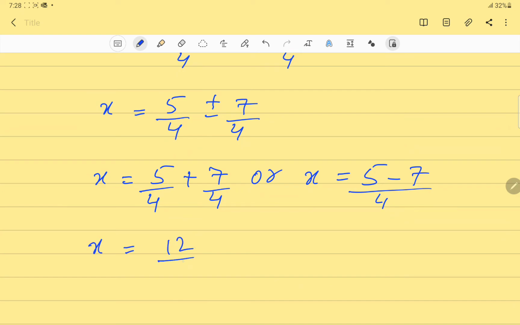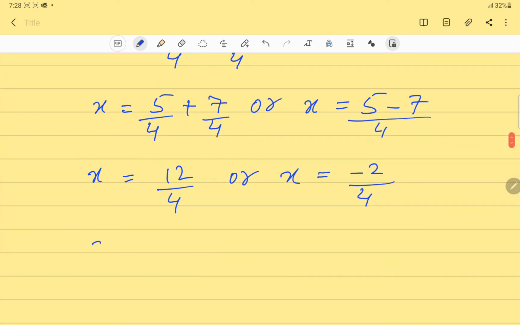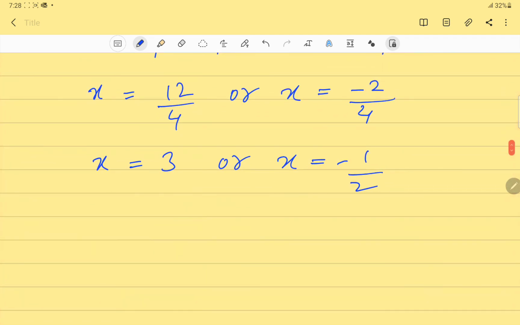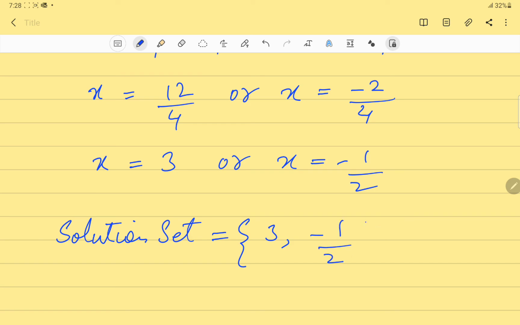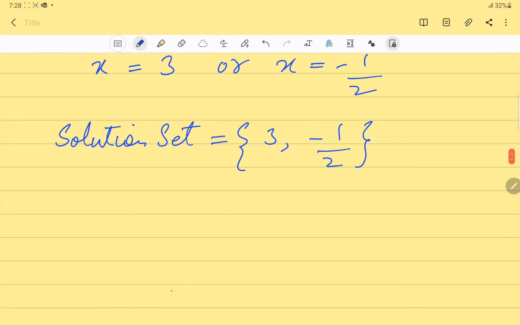So x is equal to 12/4 or x is equal to -2/4. x comes out to be 3 or x will be equal to -1/2. So our solution set of this question is 3 and -1/2, which is our final answer.